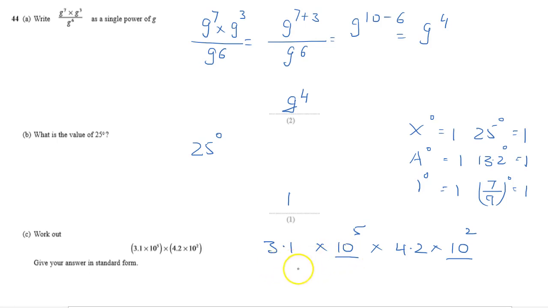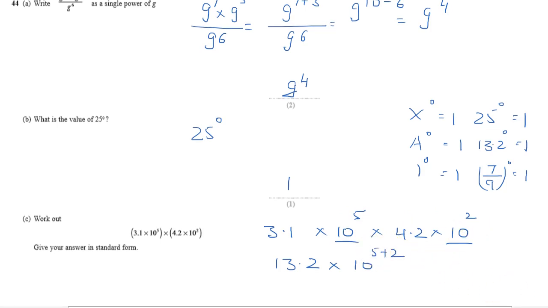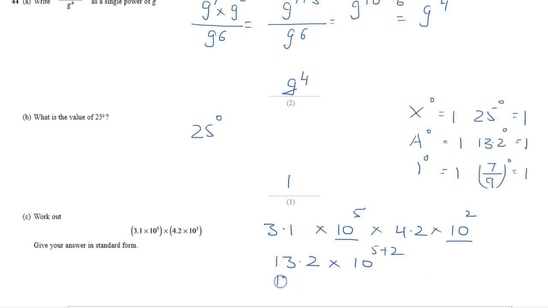In your calculator you will get 13.02. Multiply 10 to the power 5 plus 2. So we can write this as 13.02 multiply 10 to the power 7.